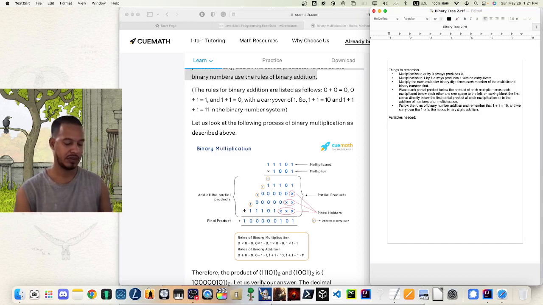Binary number, multiplicand. Let's say the binary multiplicand. So we can call that multiplicand.